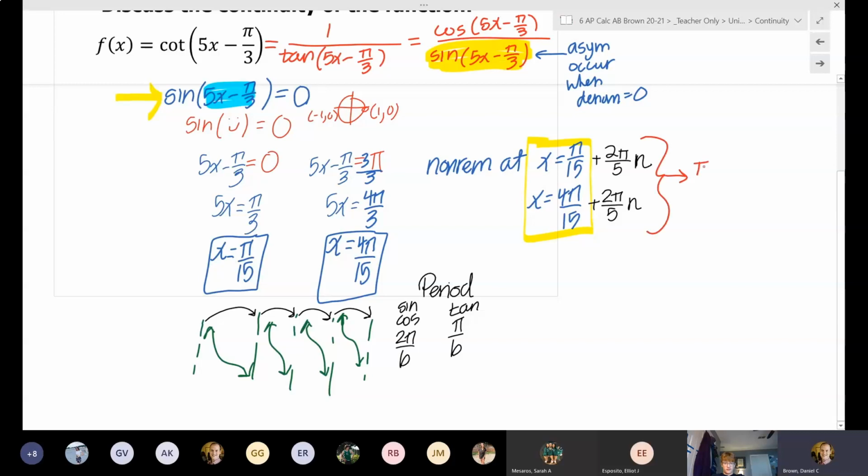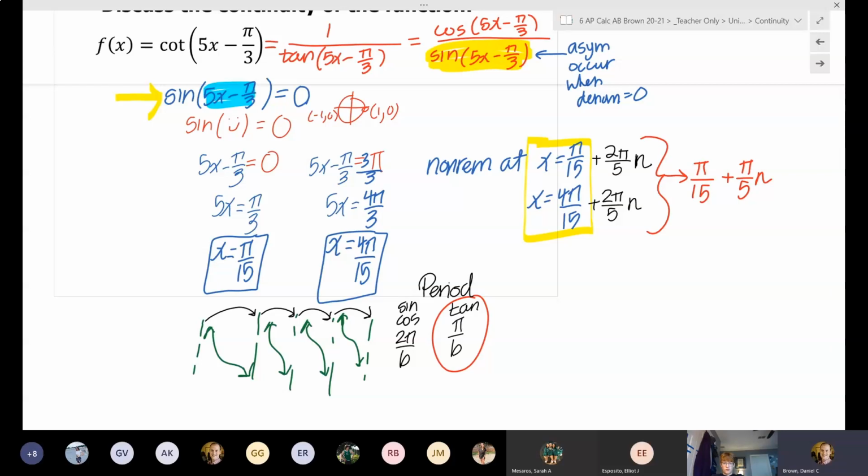And I'm just going to pick the smallest one. And I have plus, and since the original one was a cotangent, I can use the tangent formula. So I can write it as pi over the 5n. And that answer I wrote in red includes all of those together. So that's kind of where the period of cotangent is coming.